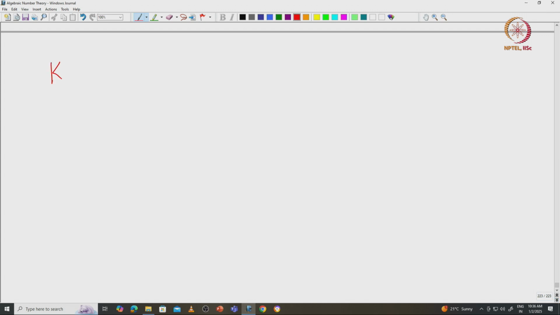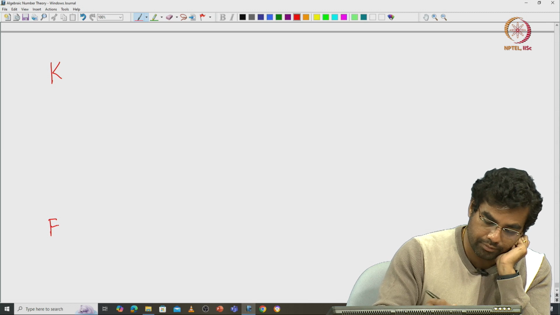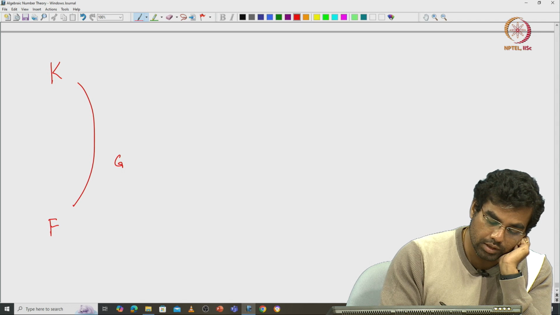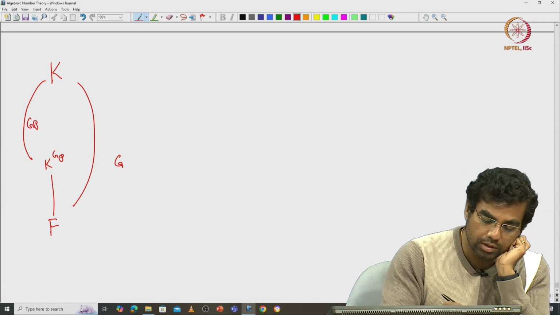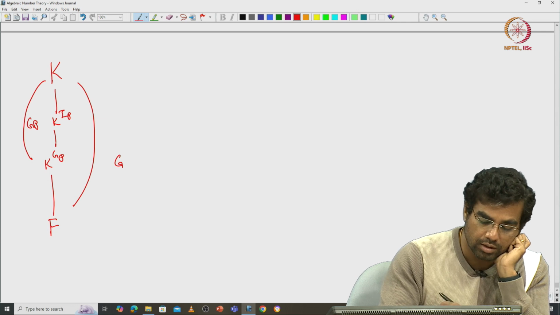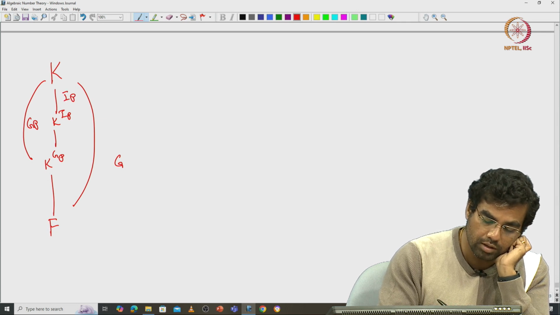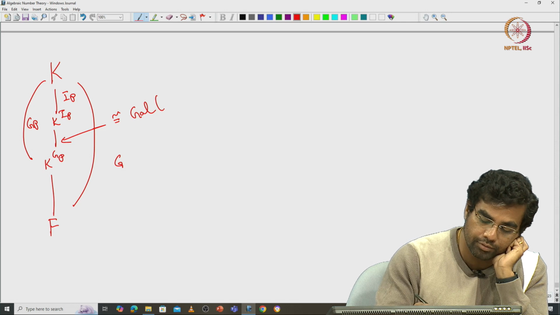There is F, this whole group is G. Then there is K G P, this Galois group is G sub P, and then there is K sub I P, and this Galois group is I sub P. This Galois group is isomorphic to the Galois group of K P over K small p.